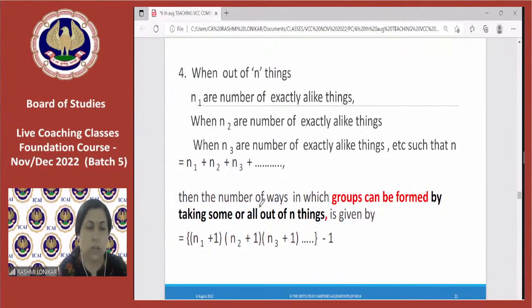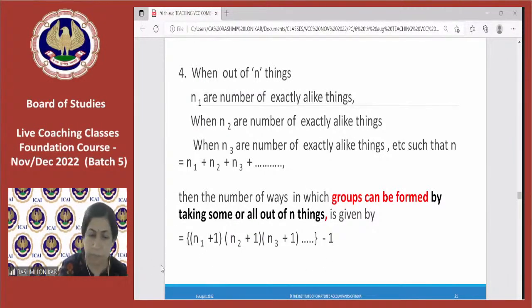Now the next formula that we have to take care of is this one. When out of n things, n1 numbers are exactly alike and n2 numbers are exactly alike, such that n is equal to n1 plus n2 plus n3 and so on, then the number of ways in which groups can be formed by taking some or all out of n things is given by n1 plus 1 into n2 plus 1 into n3 plus 1 etc. minus 1.